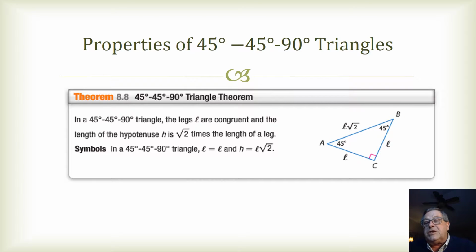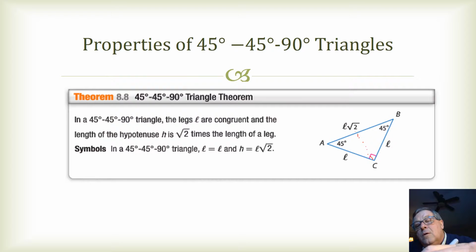When we're considering right triangle trigonometry, one of the first things we need to do is locate the hypotenuse, and the hypotenuse is always opposite the right angle. So here, line segment AB is the hypotenuse, and its length is L, the length of a leg, times the square root of 2.